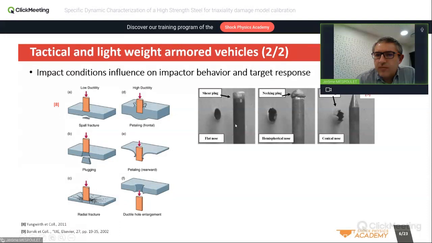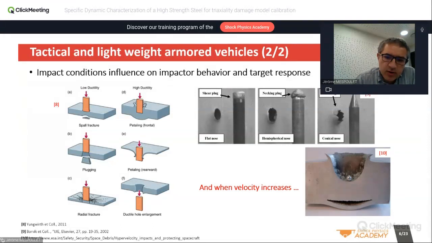As you can see, the shape of the hole and the penetration is not the same, and so the energy that is stopped by the plate is also not the same. So it means that the geometry and the stress and strain condition at the beginning and during the impact can condition how you may stop or not the projectile that is hitting the target.